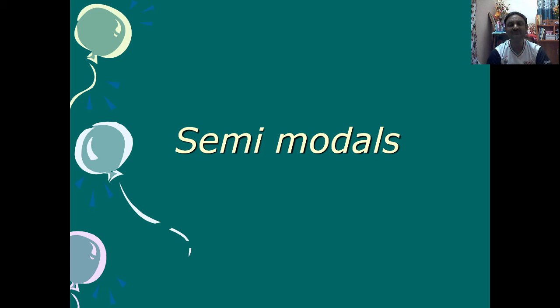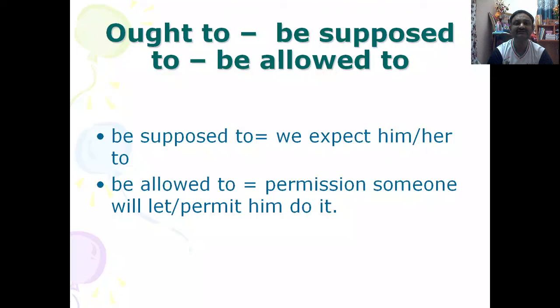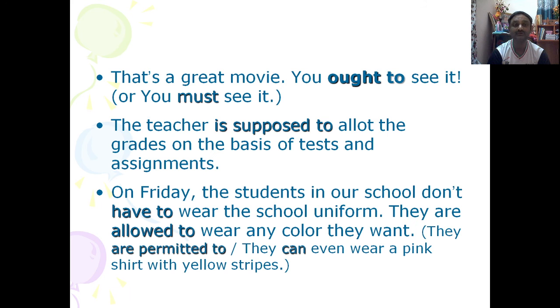Now these are some of the semi-modals which are also used in sentences. First one will be ought to, which means be supposed to or be allowed to. Be supposed to conveys we expect him or her to, and be allowed to is permission, someone will permit him to do it.